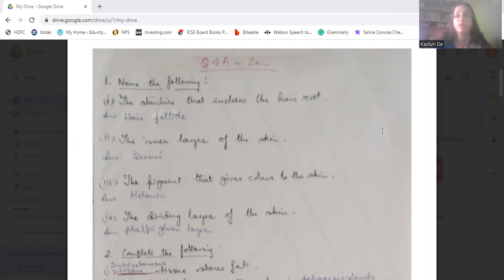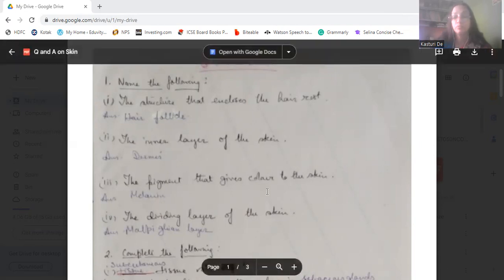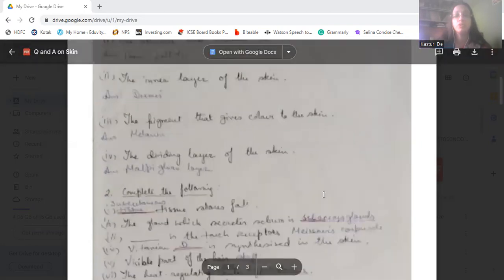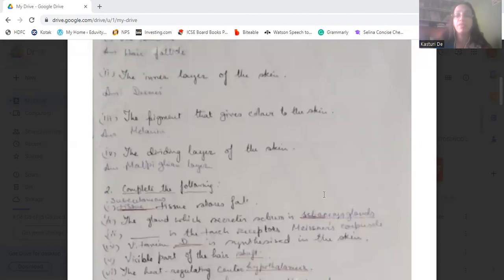The pigment that gives color to the skin is melanin, and the dividing layer of the skin is the malpighian layer. The layer which divides the epidermis and dermis, in between, is the malpighian layer, stratum malpighi.